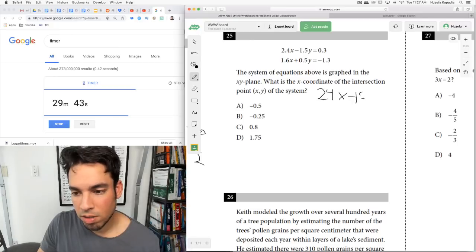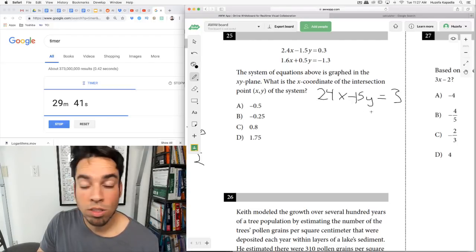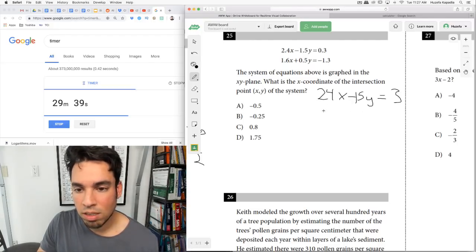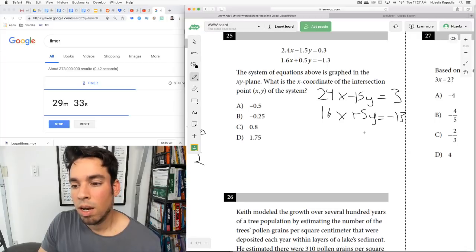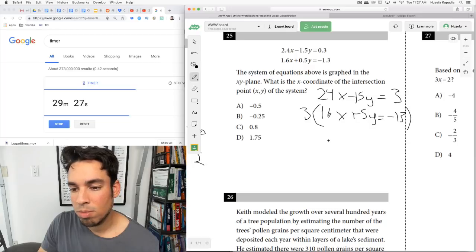24x minus 15y equals 3. We're allowed to do anything as long as we do it to both sides of the equation. 16x plus 5y equals negative 13. I'm going to multiply the bottom one by 3 to match up the y's, and we'll solve for the x's then. The bottom one times 3 becomes 48x plus 15y equals negative 39.